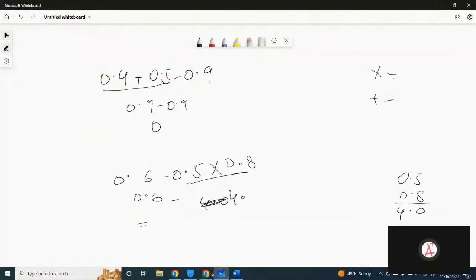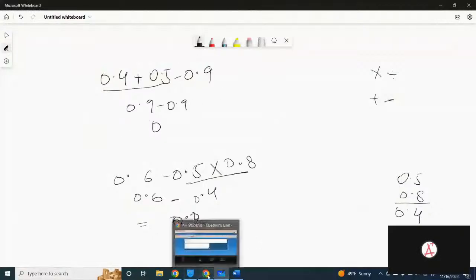Got it? 0.4. So 0.6 subtract 0.4 is 0.2. Got it? It would be 0.2. So just select the correct option and then click on the OK button.